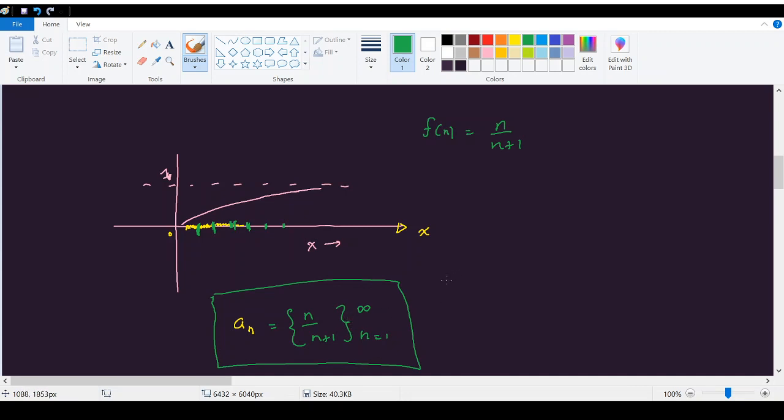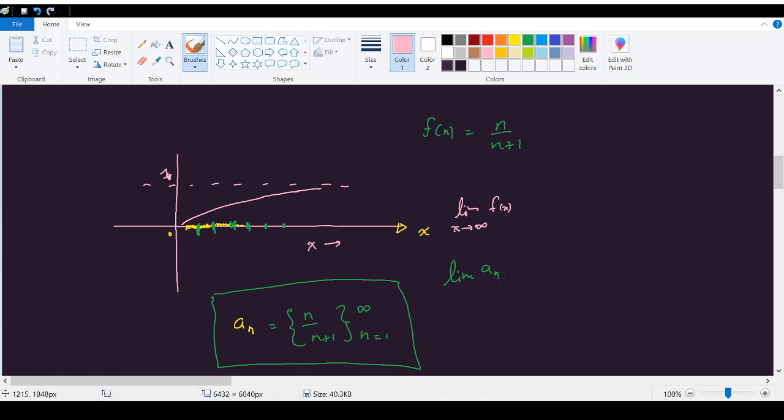And again the limit of the function, so I write a_n instead of writing it as f(n), and in the original case it was like this, right? The limit of f(x) when x goes to infinity.